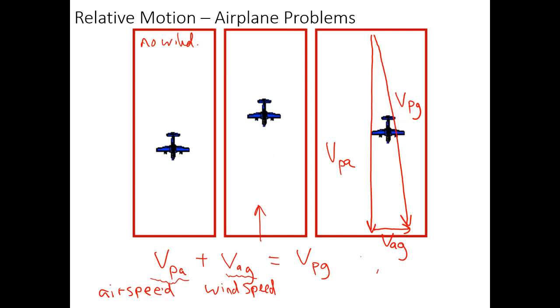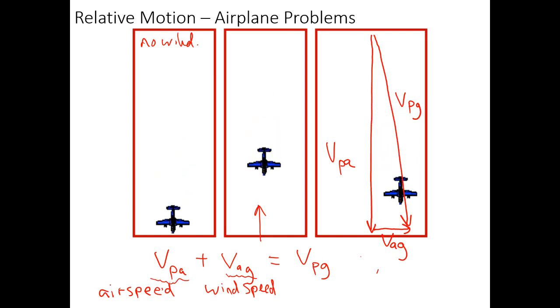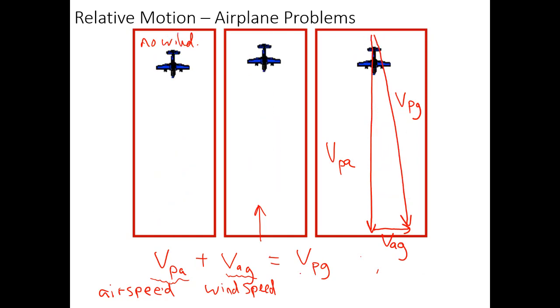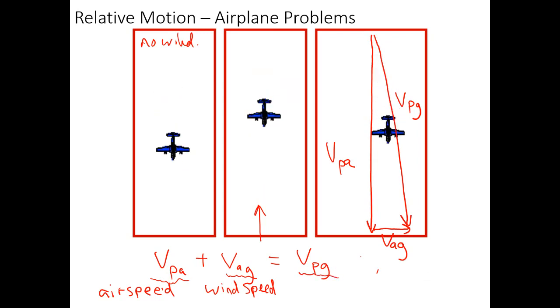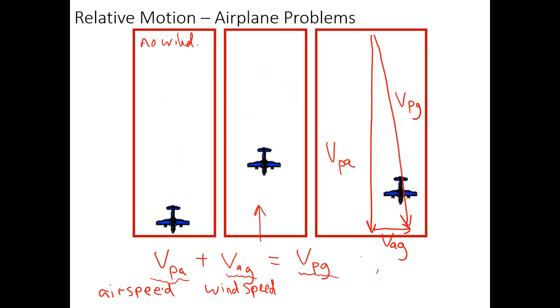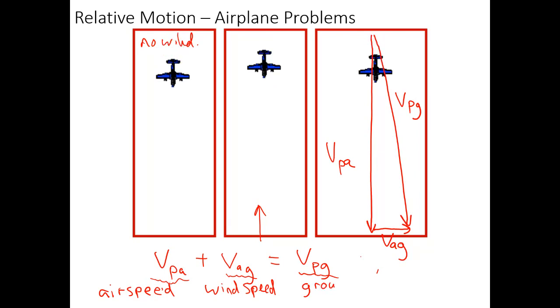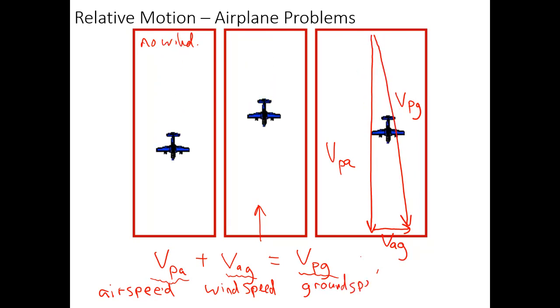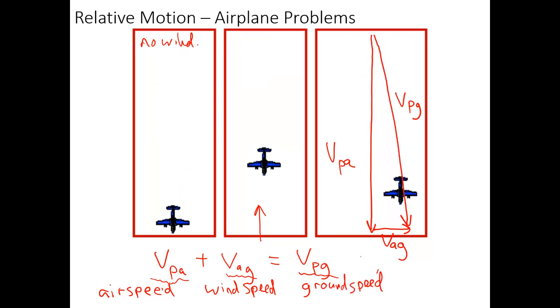Pilots always have to account for the wind that is trying to blow them off course. And lastly, the velocity of the plane relative to the ground, we call that ground speed. Just some technical terminology for you future pilots.